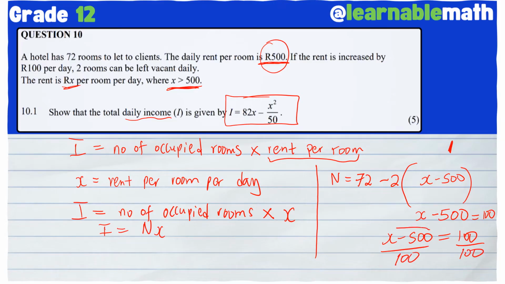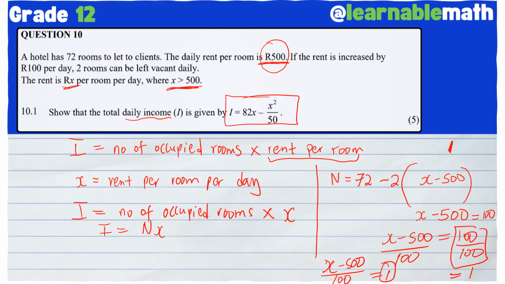Okay, so that this factor here can actually be equal to 1. So you do know that if you say x minus 500, which is the increase in rent, the moment it reaches 100 rand, when you divide by 100 rand, the factor is 1. Therefore, this 1 times this 2 ensures that only 2 rooms are vacant. Okay, I hope you understand that, because it's very important to get that sentence.